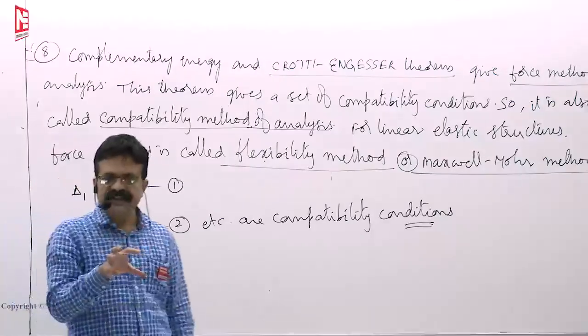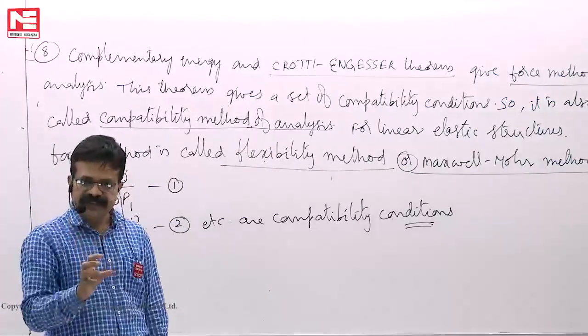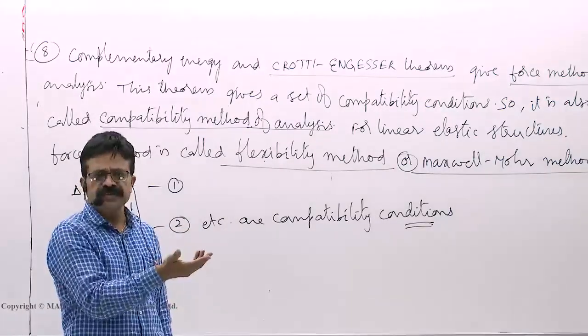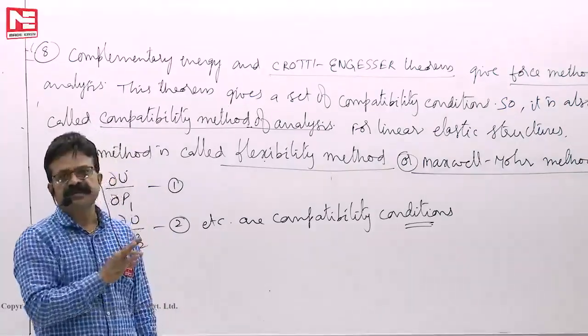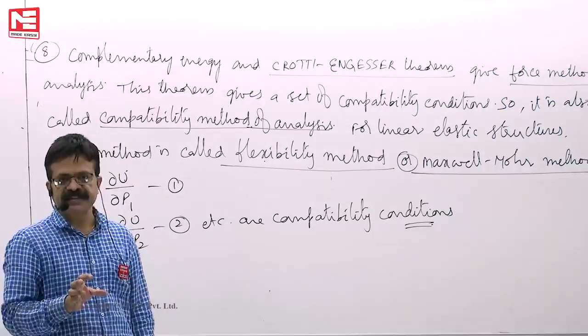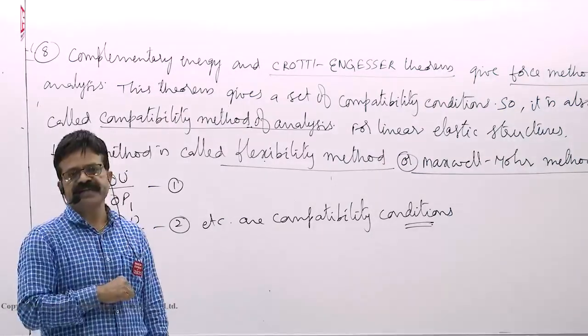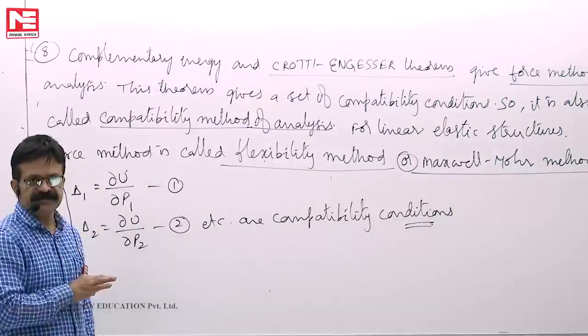That means at the redundant reactions, if the displacements are 0, then when you differentiate ∂U/∂x1, ∂U/∂x2, etc., if it becomes 0, then it becomes the principle of minimum strain energy. So the principle of minimum strain energy is a particular case of Castigliano's theorem 2, where the displacement happens to become 0.